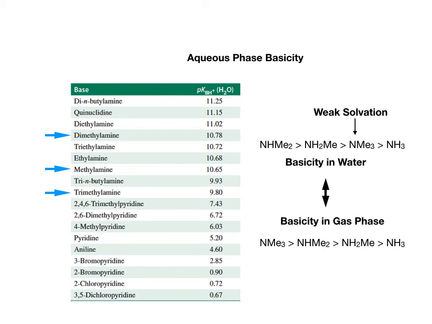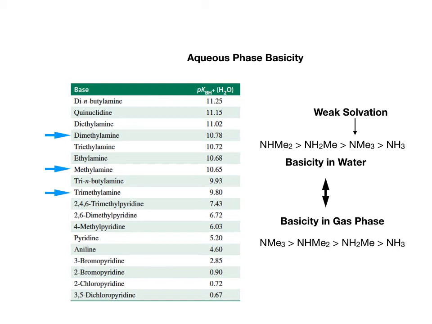Why? Because trimethylamine is a lot bigger than the other three molecules, and it has three methyl groups. Now we know methyl groups are more like oil, they're hydrophobic, so they don't like to interact with water. And what this means is trimethylamine will experience much less solvation when it accepts a proton to become trimethylammonium ion.